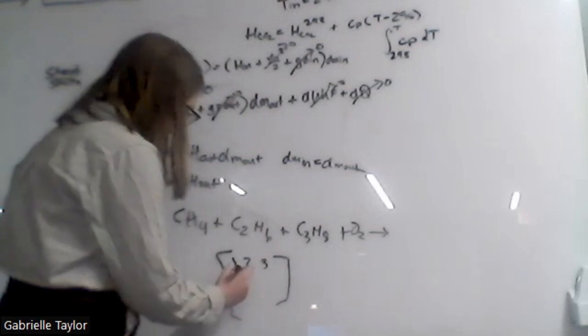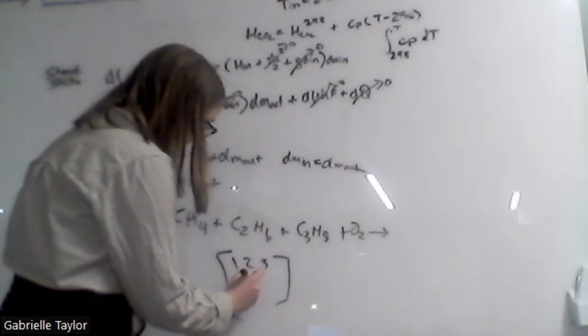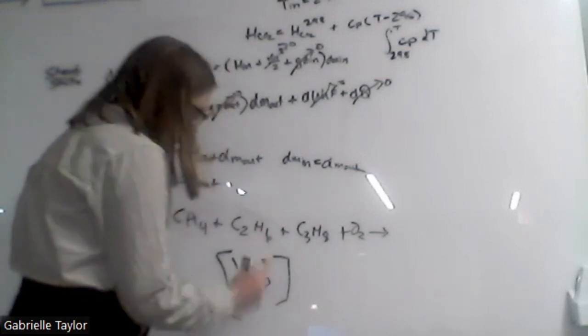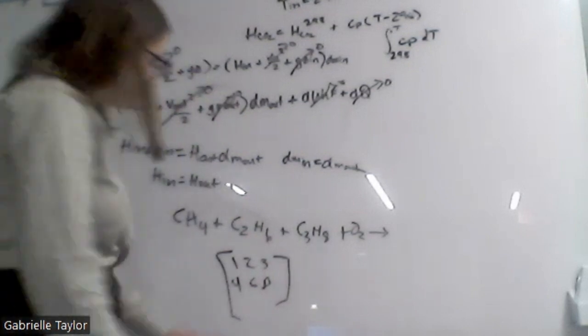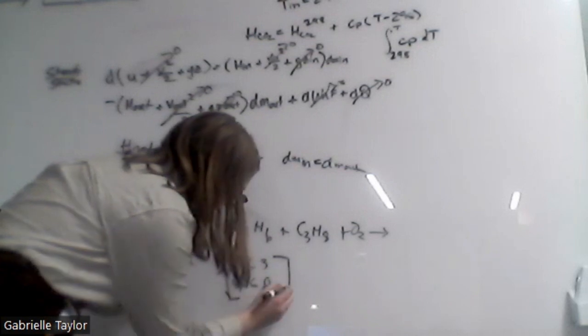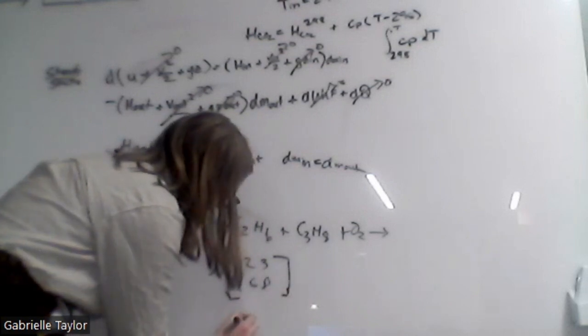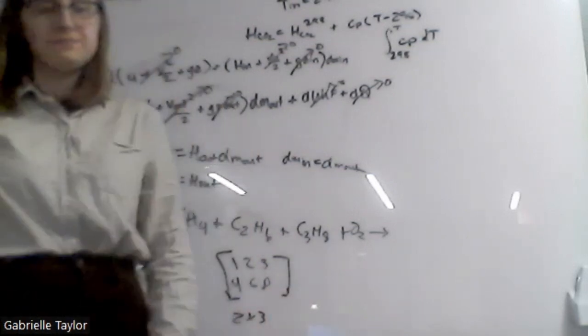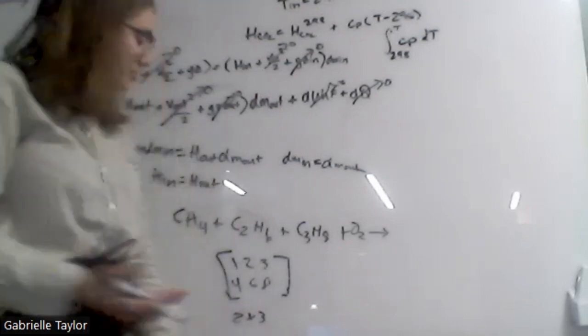And then the hydrogens are 4, 6, and 8. So this is a 2 by 3 matrix.